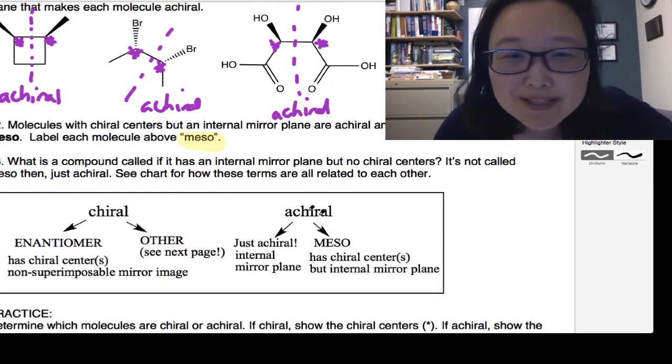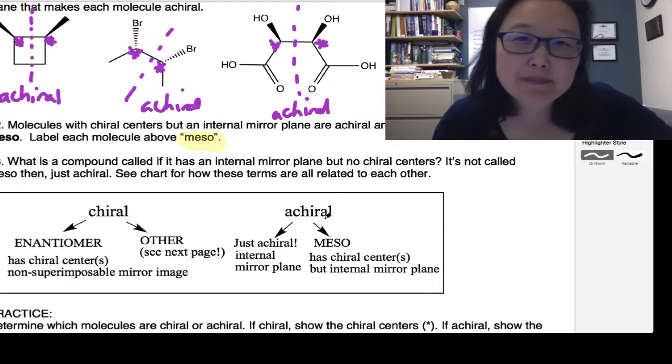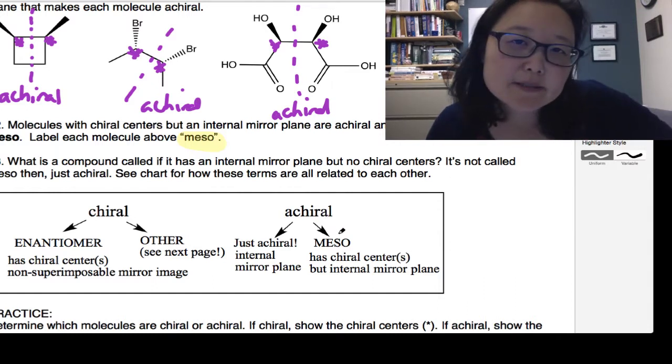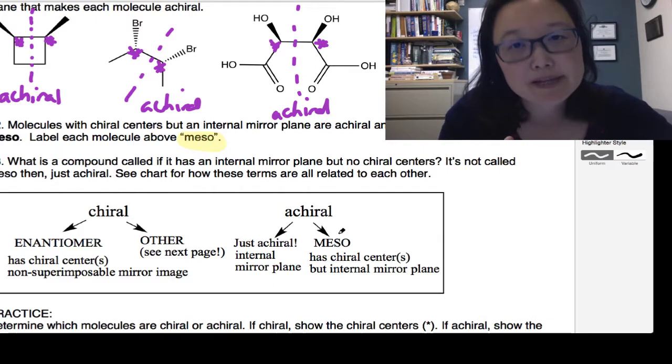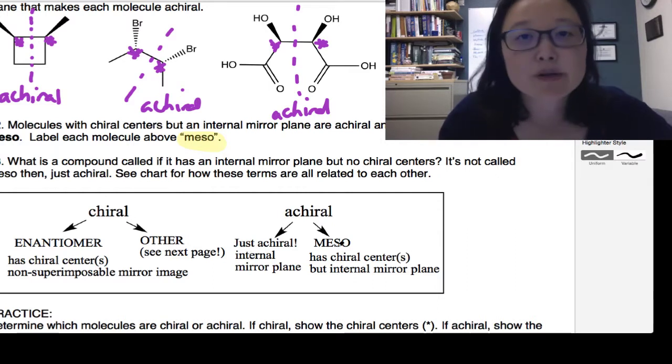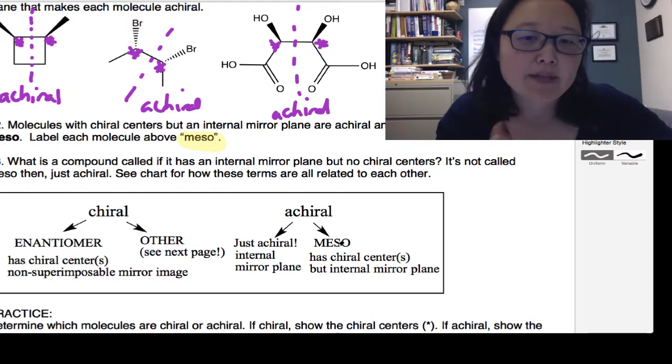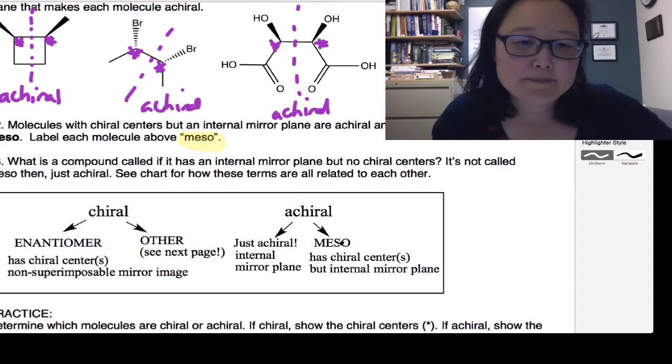Okay, achiral molecules, they can be any molecule that just simply lacks a chiral center. But it could also be a compound with chiral centers, but an internal mirror plane of symmetry. So that's meso. So it could be regular achiral, or you could be meso, where you also contain chirality centers, but you have that internal mirror plane.